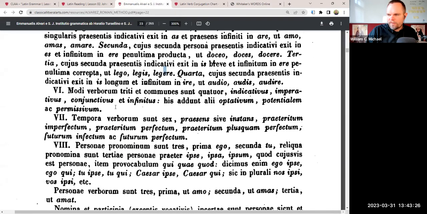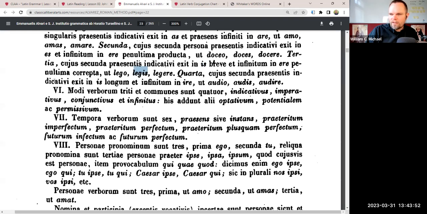Then lastly, to finish this up, quarta, the fourth conjugation, whose second person present indicative form ends in is. Now, there's a problem there because we just learned that the third conjugation ends in is. We saw the third conjugation, lego, the second person singular ends in is.